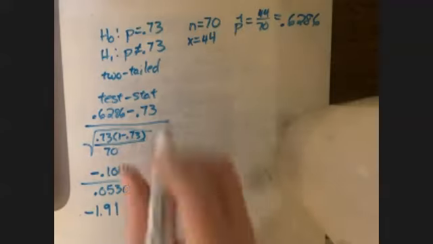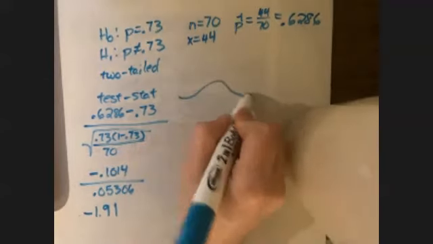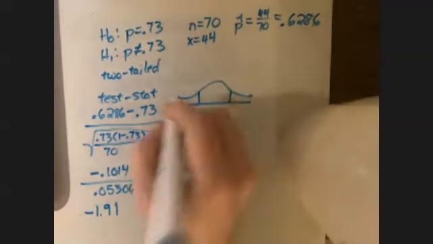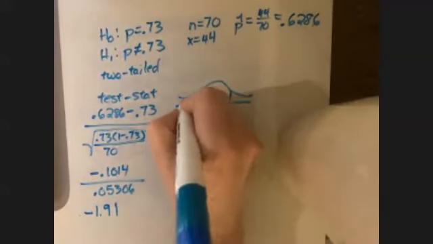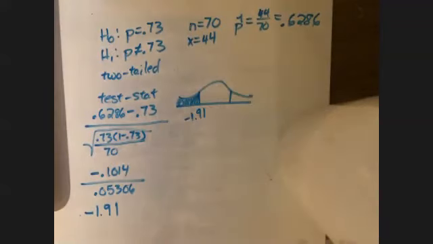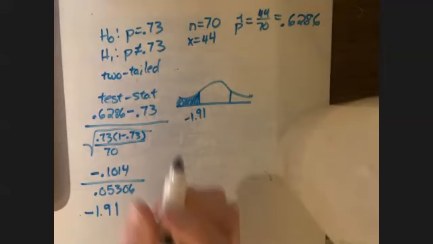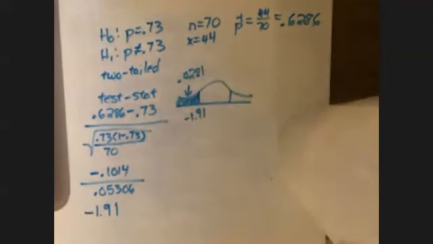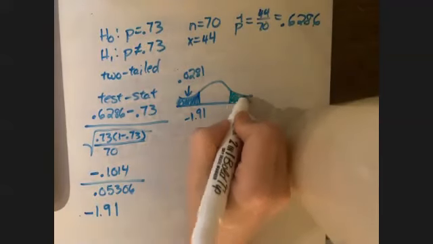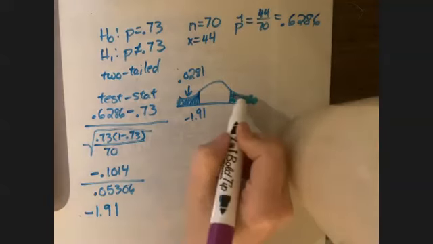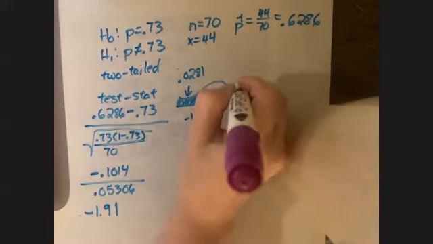Now if we look at a bell curve, first off, it's a two-tailed test. So if I find the area to the left of negative 1.91 and look that up in a chart, this side is 0.0281. What you have to assume is that the other side is the same amount.